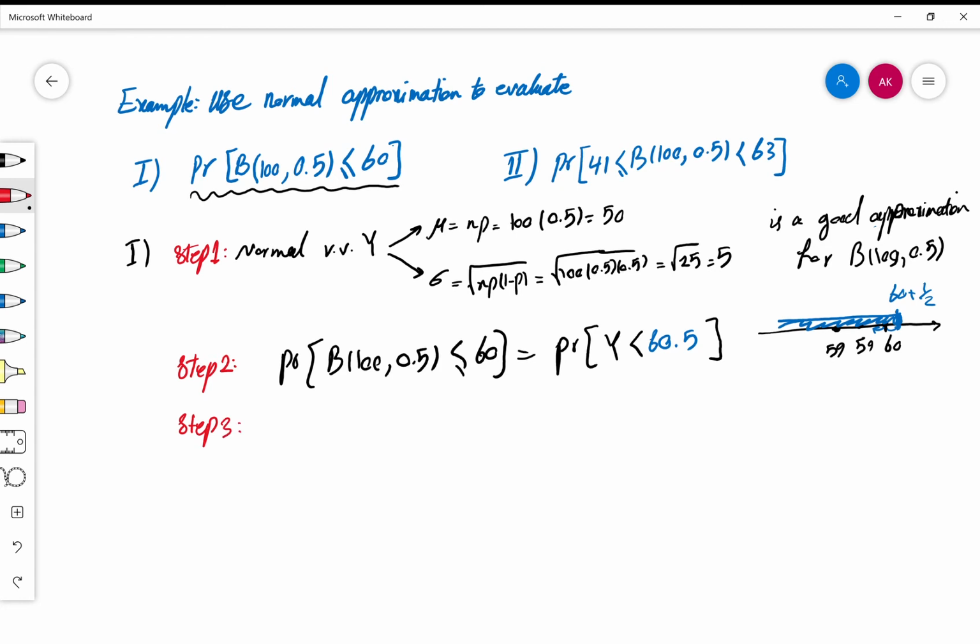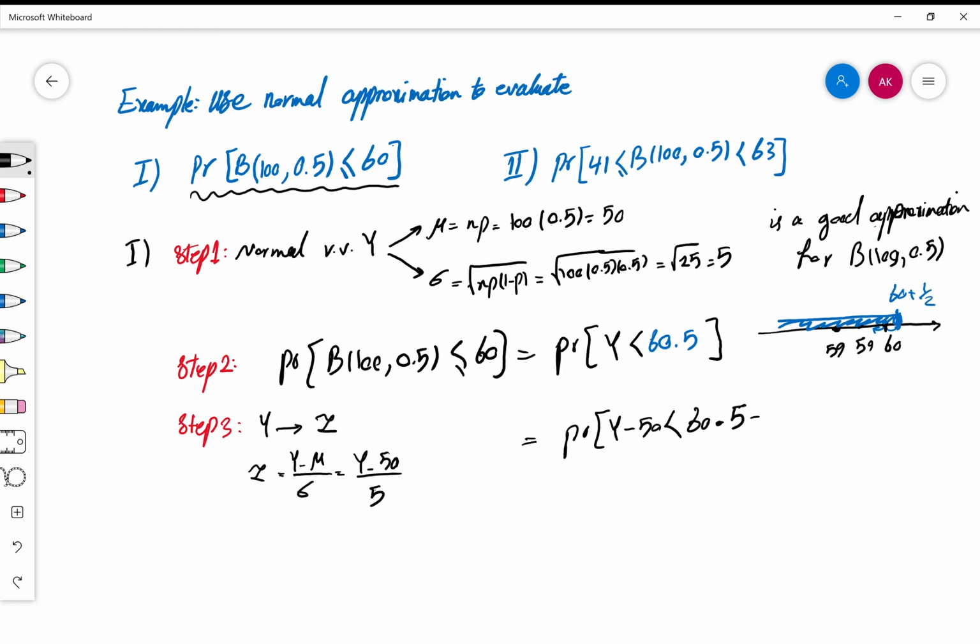Step three is that you turn Y to a standard normal random variable. In other words, we know that (Y minus mu) over sigma is the standard normal random variable. So whenever you see Y minus 50 over 5, you can replace it by Z. To do that, we subtract 50 from both sides, and then divide both sides by 5.